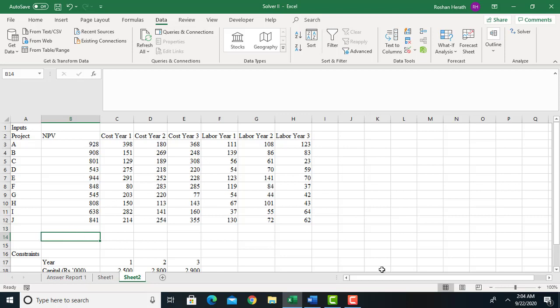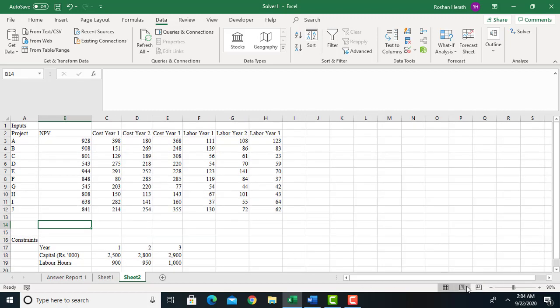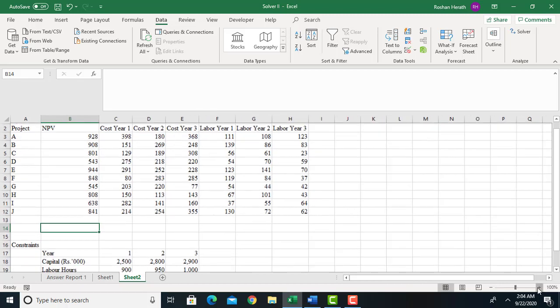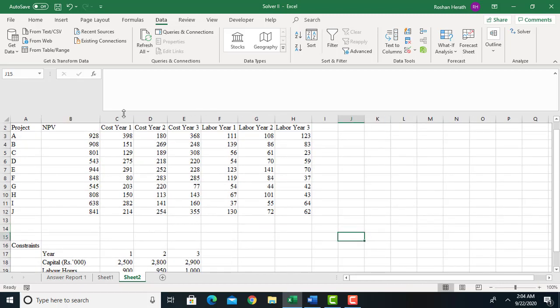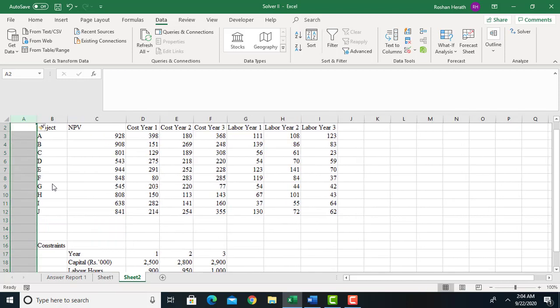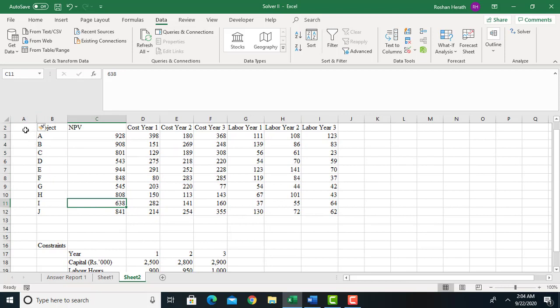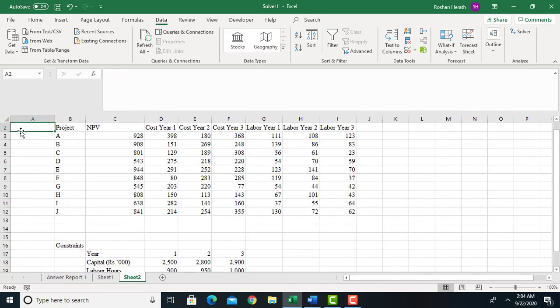Here the 10 projects are given with the corresponding NPVs. So how are we supposed to identify the viable projects? If I simply insert a column over here, and try to identify the acceptance or rejection of the project, it's like this.